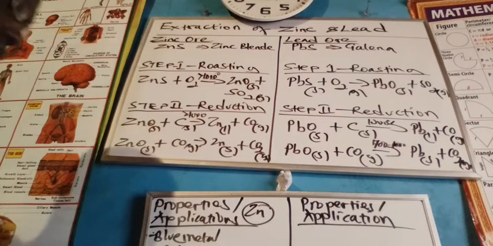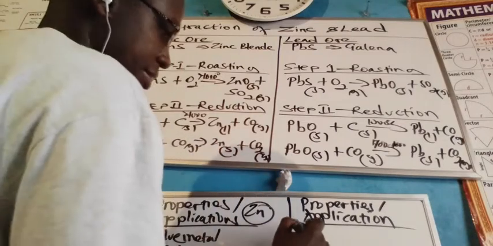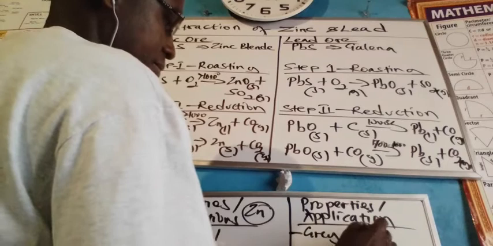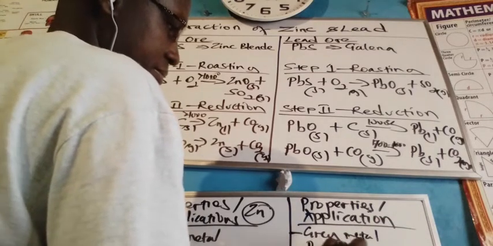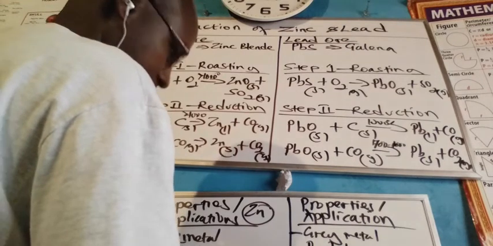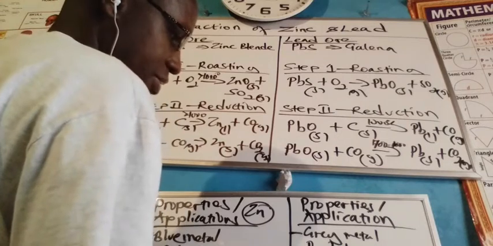Number two, what are the properties of lead? Number one, lead is a gray metal. Two, it is brittle. It has a high melting point and boiling point, and it is highly insoluble.